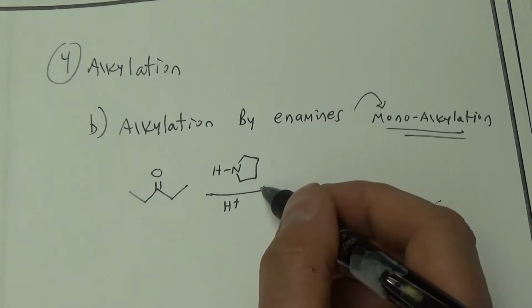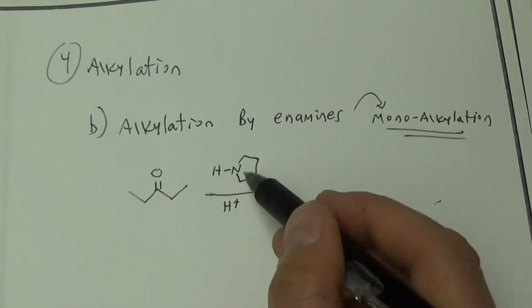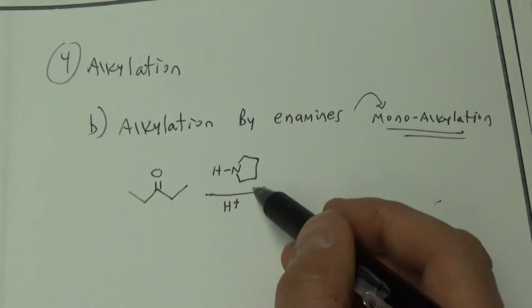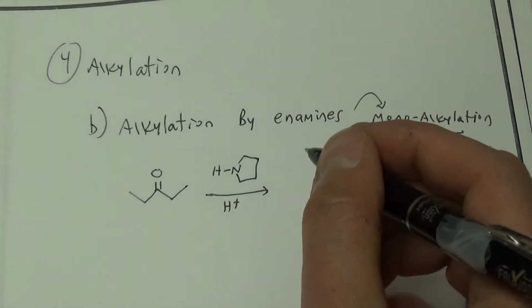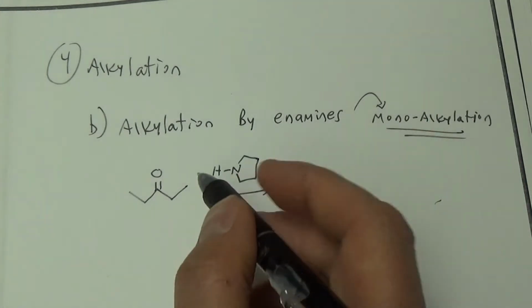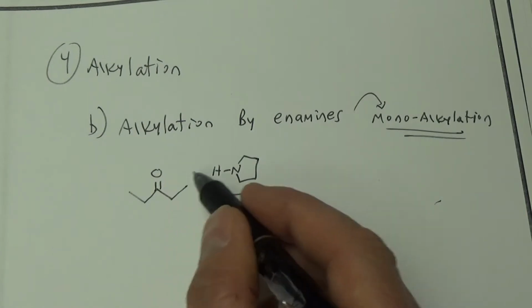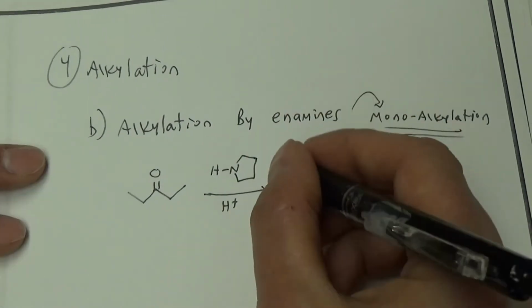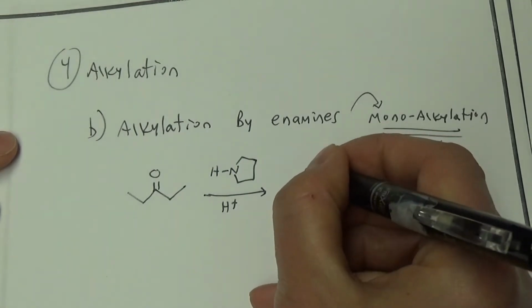Remember what we did last chapter when ketones or aldehydes react with a secondary amine? It makes something. Do you remember what it makes? So amines are nucleophiles, and they attack the ketone, and it makes this thing called an enamine. Remember that now?